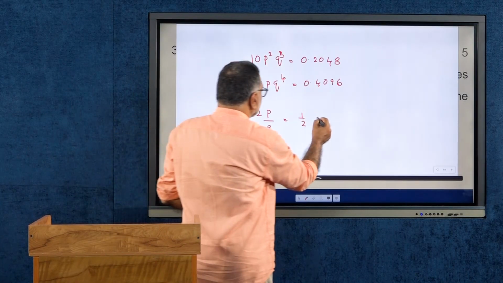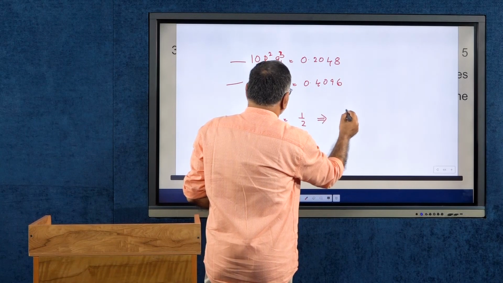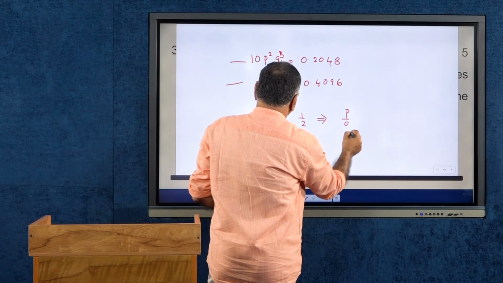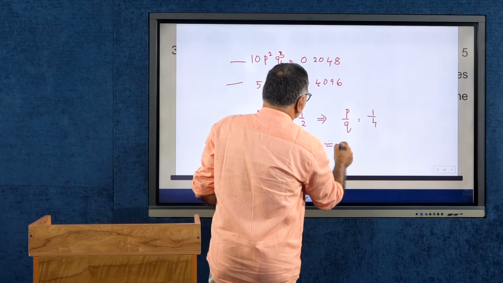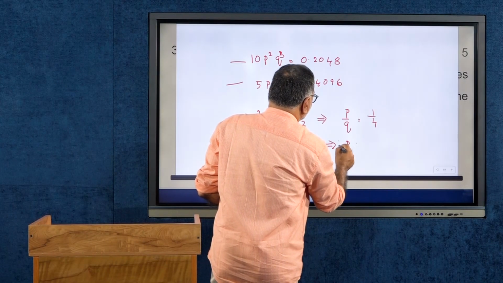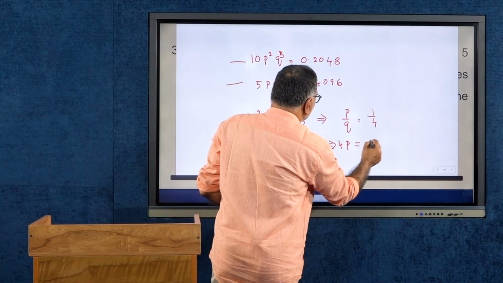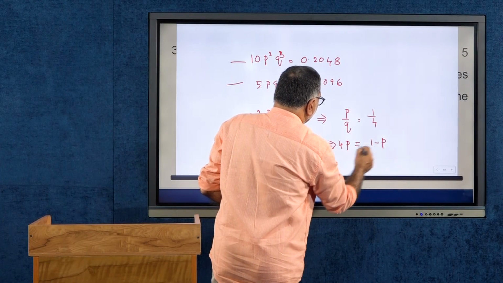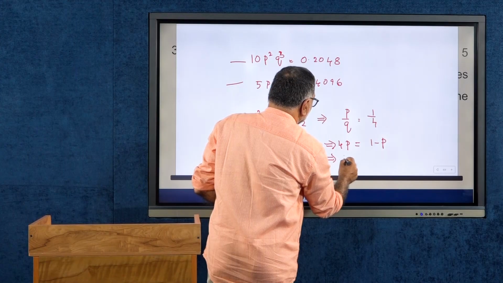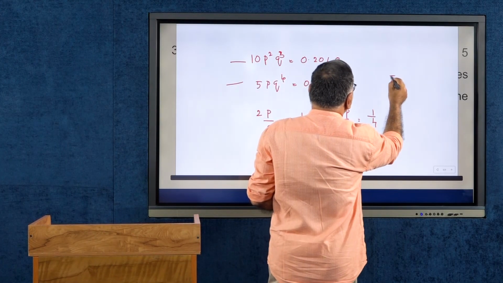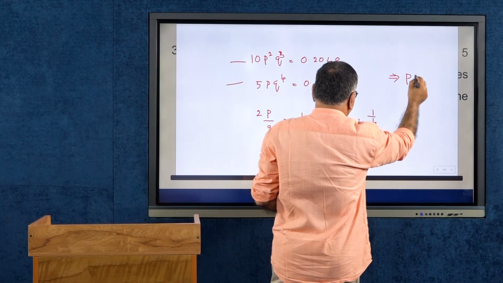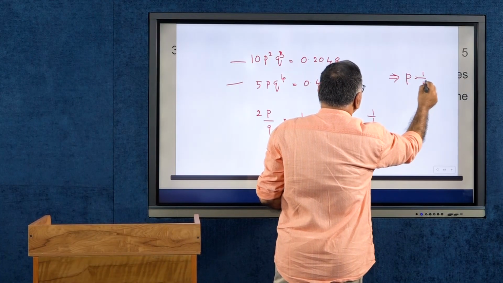So, that is 2p divided by q is equal to 1 by 2, that is p divided by q is equal to 1 by 4, that is 4p is equal to 1 q, that is 1 minus p. So, 5p is equal to 1, that implies p is equal to 1 by 5.